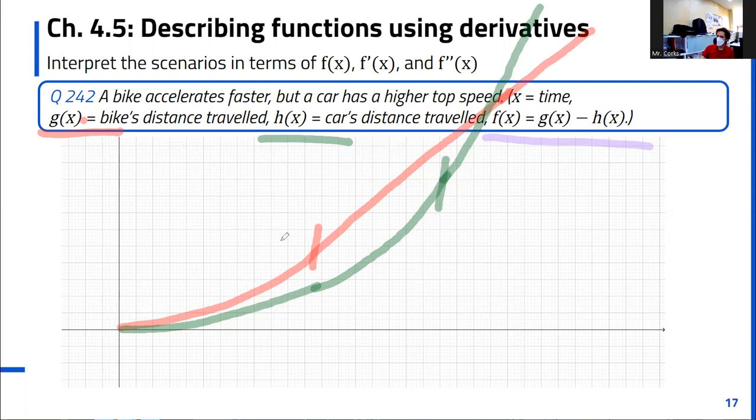So what is the resulting function? The red one minus the green one. Well, we have this vertical height. The height of the purple one will just be this vertical height at each point. It's 0 at the beginning, and it's going to be 0 right here at this point of intersection. It'll be negative beyond that and positive before that.